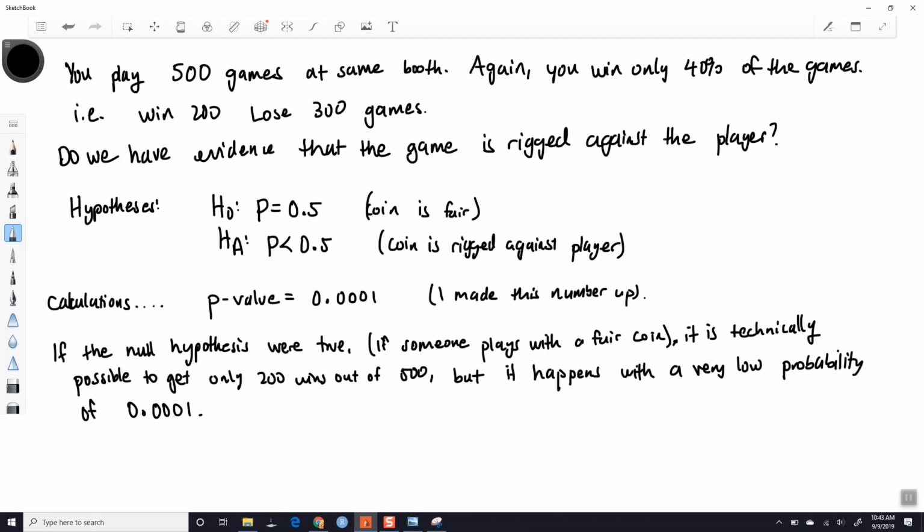All right. And so the fact that this probability is so small, and the fact that this actually happened, gives me reason to doubt that this game was played with a fair coin. Okay? So I could say, well, that's what happened to me. I only won 200 games out of 500.